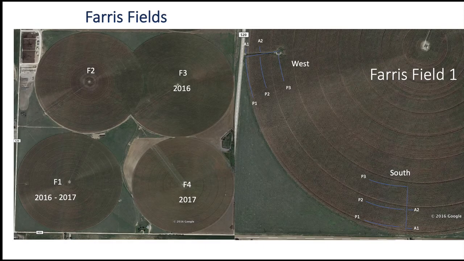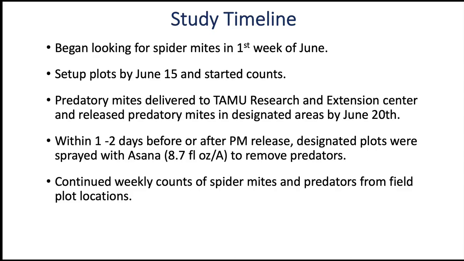So we began looking for the spider mites the first week in June. We set up plots by June 15th, and we began to make counts within our plots. We had the predatory mites delivered to us at a Texas A&M Research and Extension Center, and we made these releases in these designated areas by June the 20th.